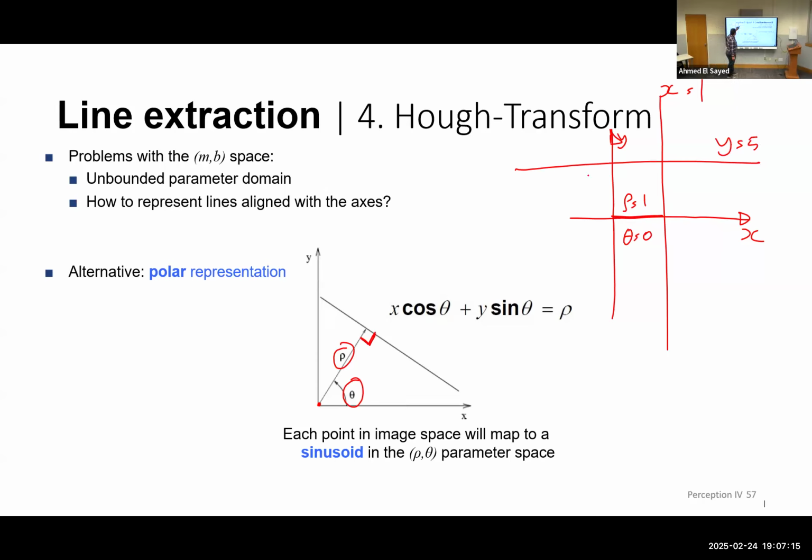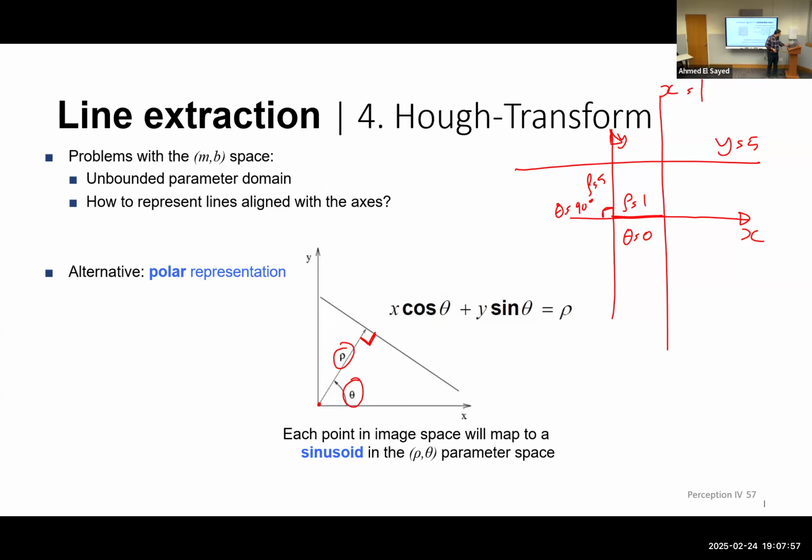In this case, rho will equal 5 and theta will equal 90 degrees. So I can now describe any line in the space. Okay? So instead of working with the slope and the y-axis cut, I will work with the radius, or rho, and the angle of that rho. And it can represent the exact same function of m and b.